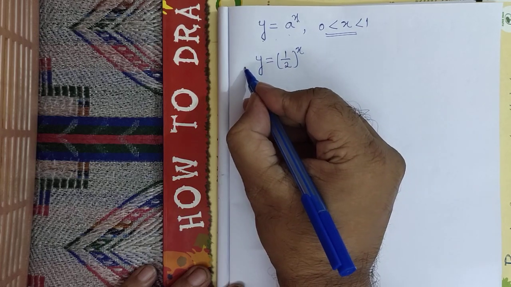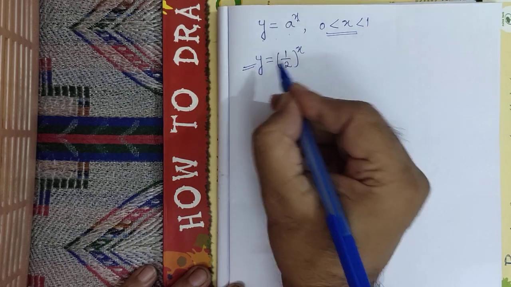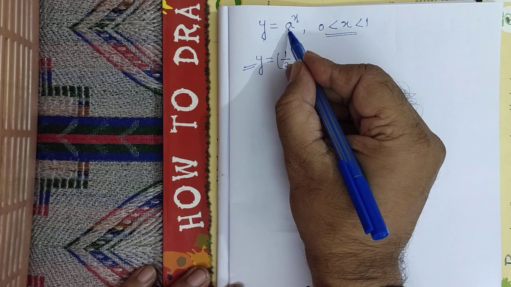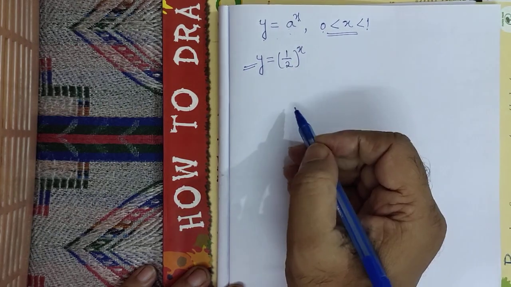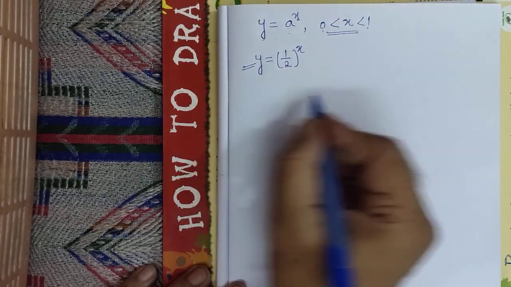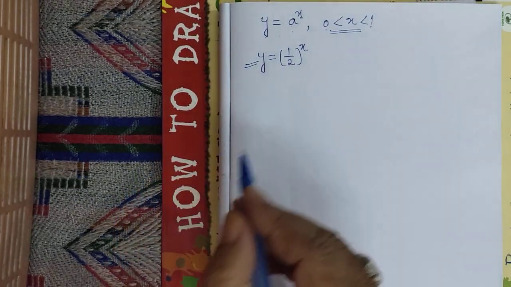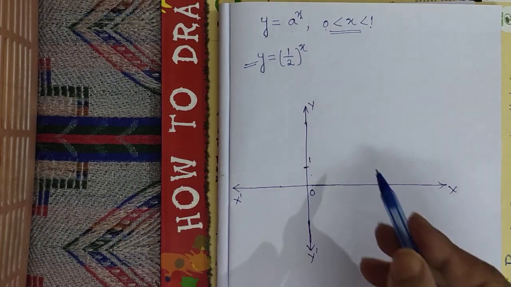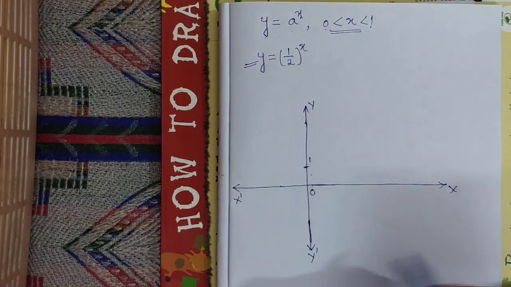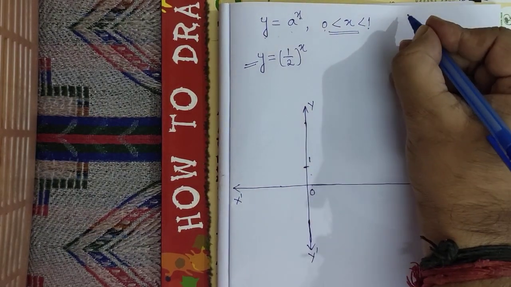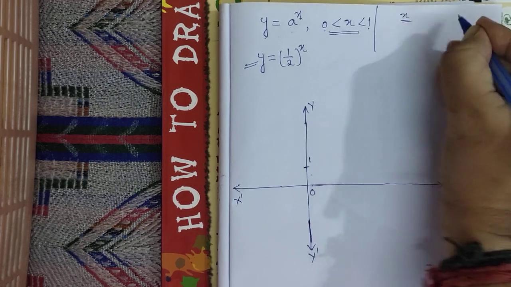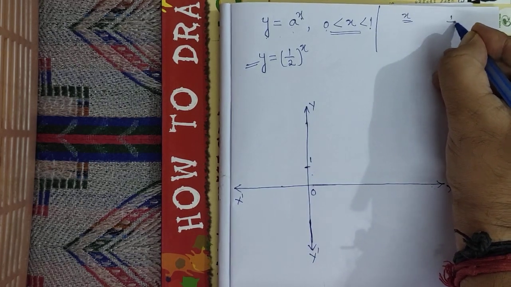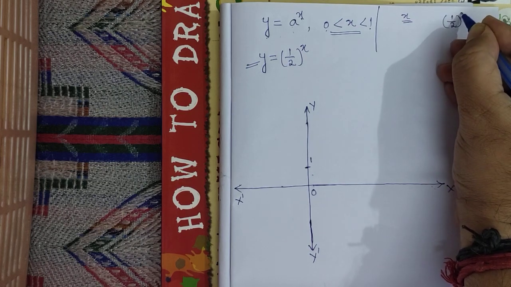Whatever graphical behavior you get here, for any base you take between 0 and 1, you would get the same trend. So let us make the axis first. Now the axis has been made. Same as before, I'll be taking the x coordinate and accordingly the y coordinate to understand the graphical behavior.